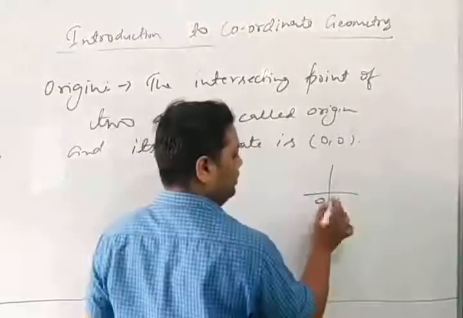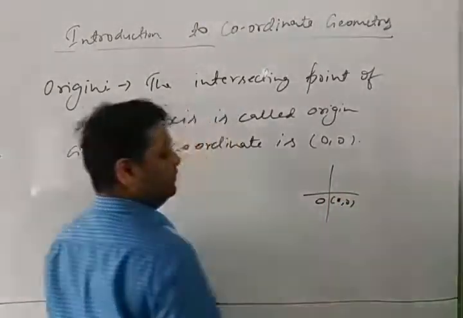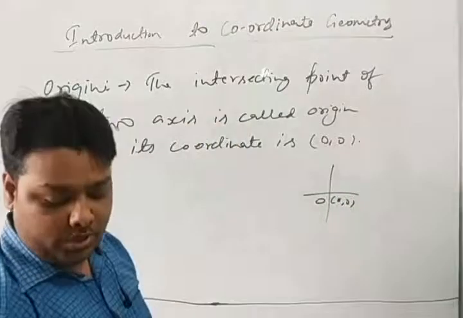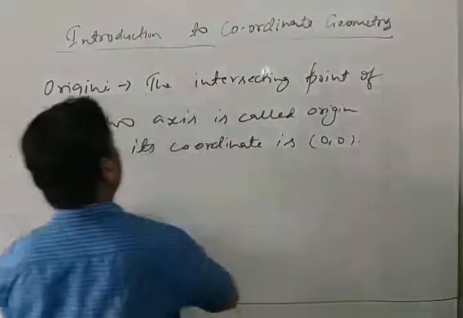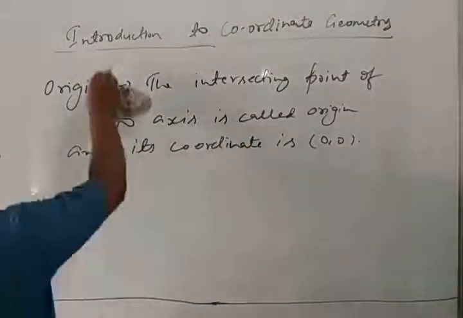This intersecting point O is (0, 0). It is called the origin.